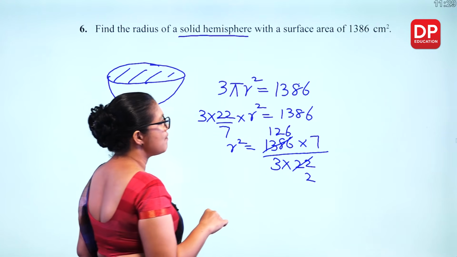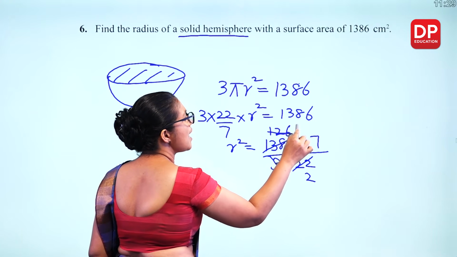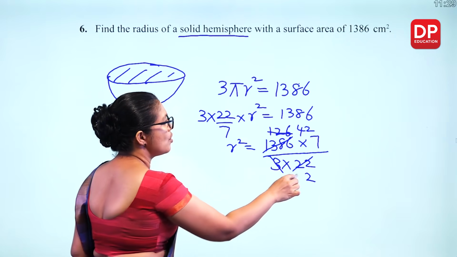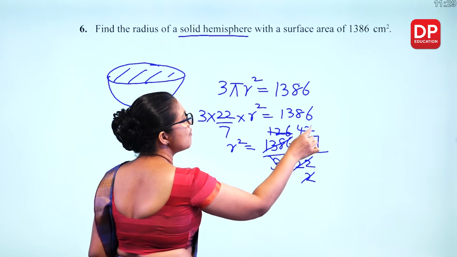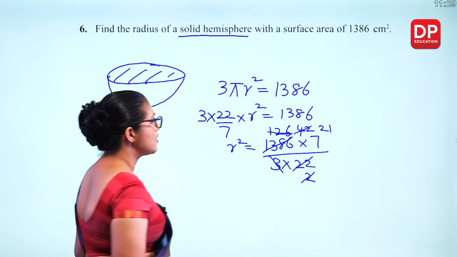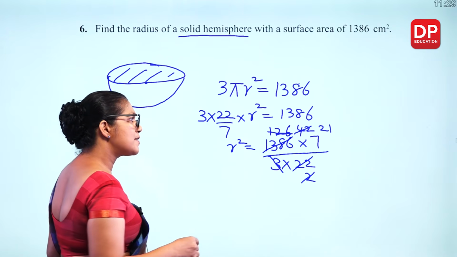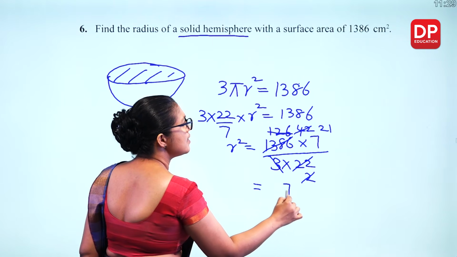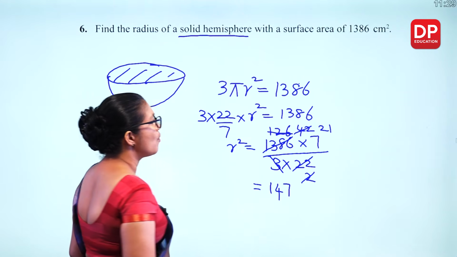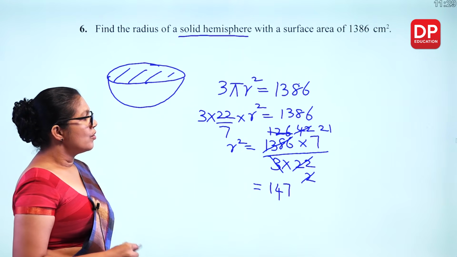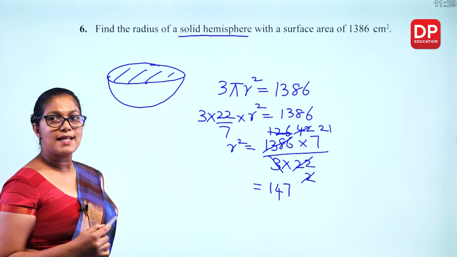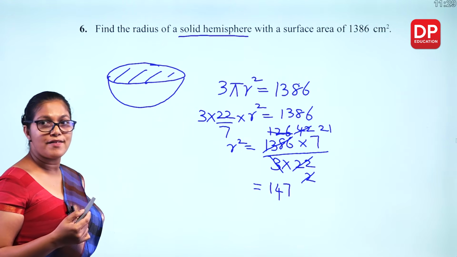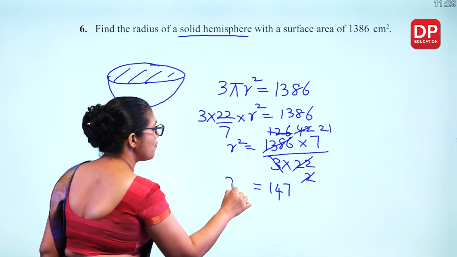Then you can divide by 3: 3 times 4, 3 times 2. Then 2 with 42, you get 21. So the answer is 21 times 7, times 7 and 4. So you get 147. So we need to find the square root of 147.